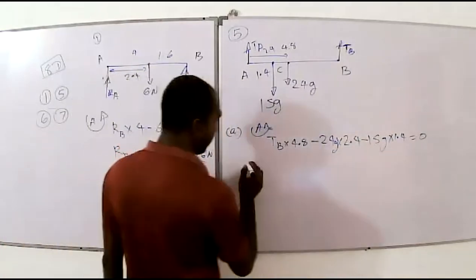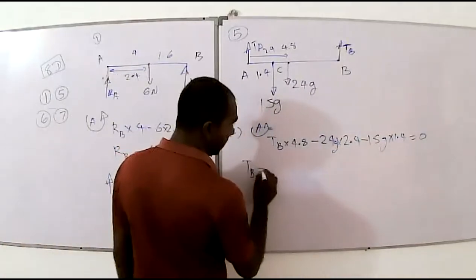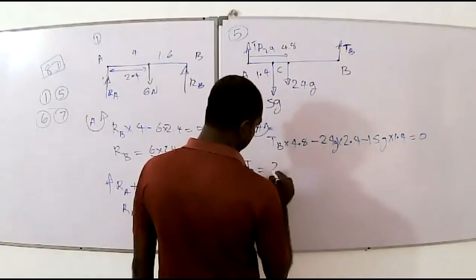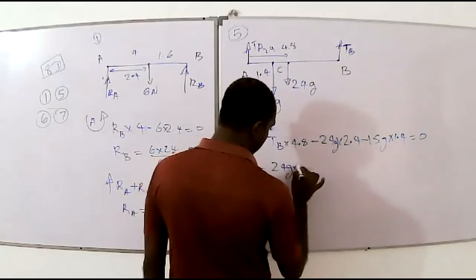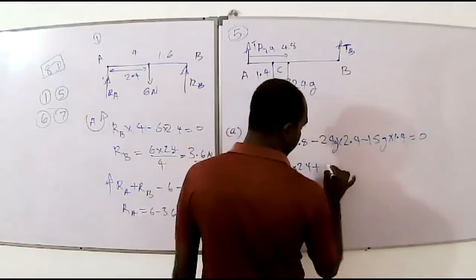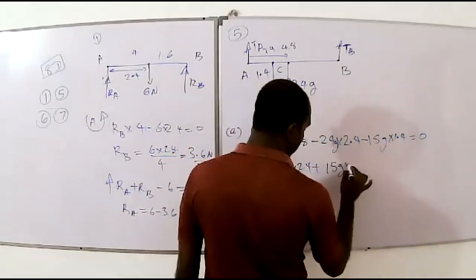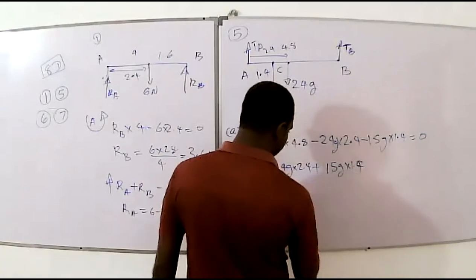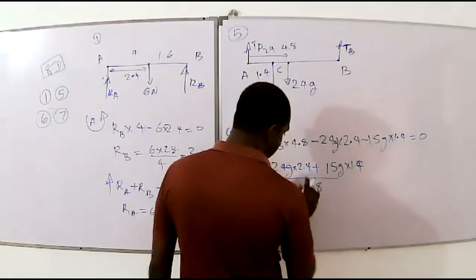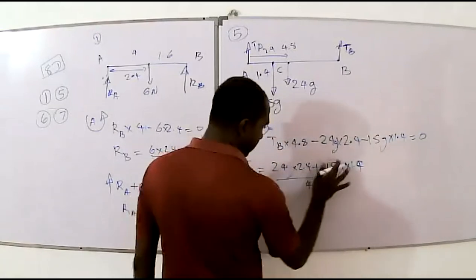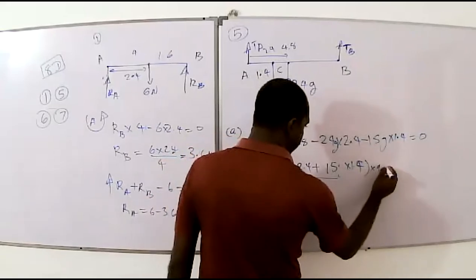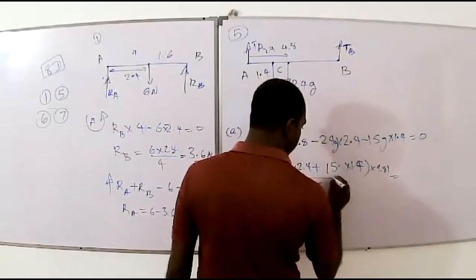So how much are we going to get? Tension at B is equal to 24G times 2.4 plus 15G times 1.4, divided by 4.8. You can substitute for G when you are getting the final value, 9.81. So it's going to be how much?